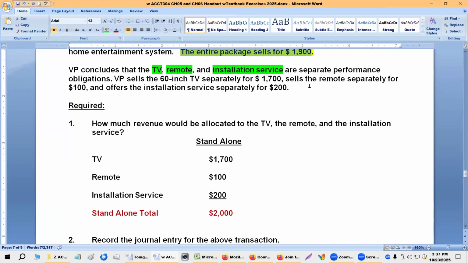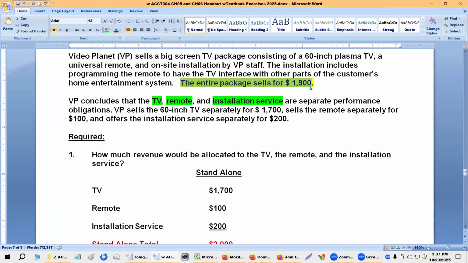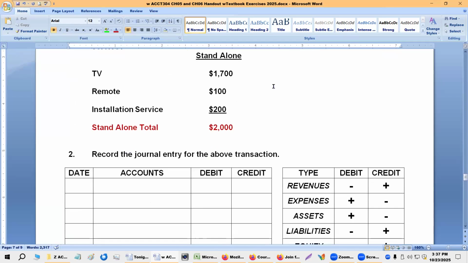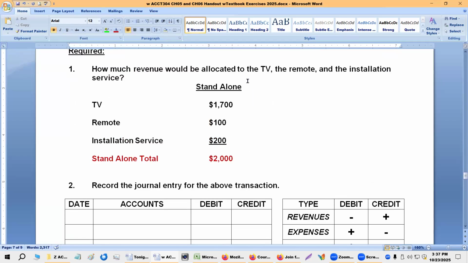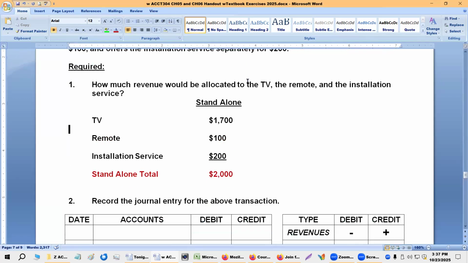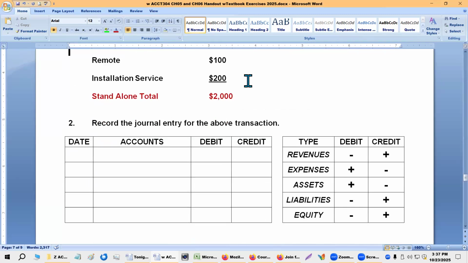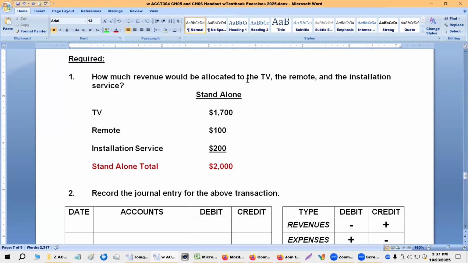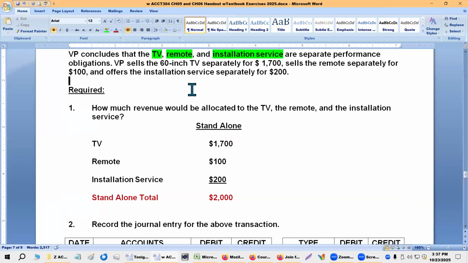There actually is a quicker way to do it, and that is just to divide the package price by the standalone prices.